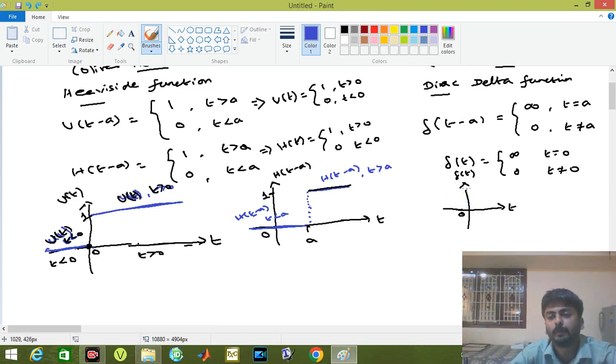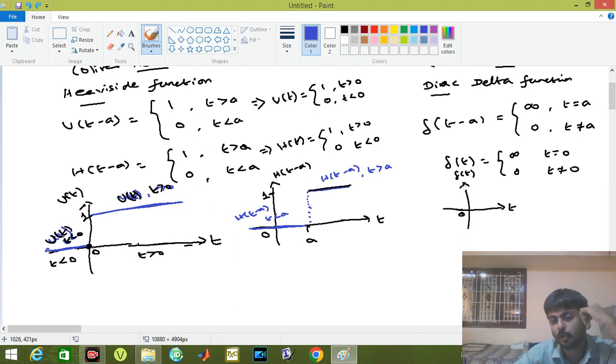Suppose there is infinity here, but it is not possible to plot it in a graph, since we don't know the value of infinity or where our infinity should be. I am assuming delta of t on the y-axis defines all the values for t.